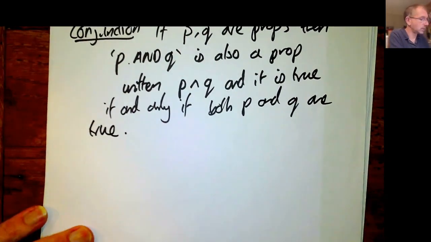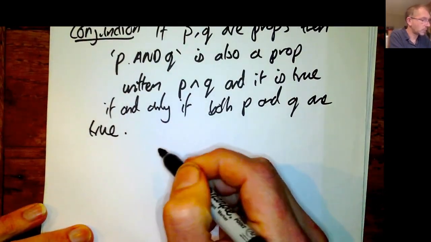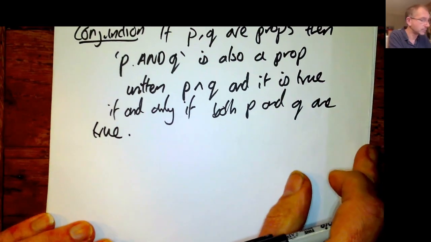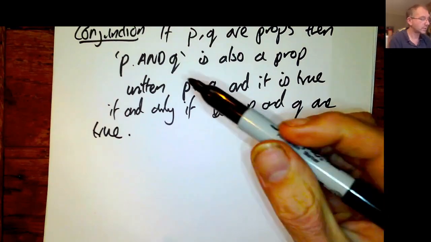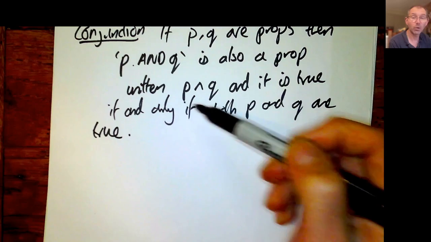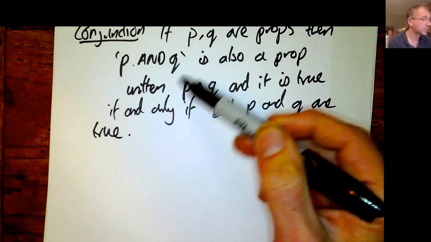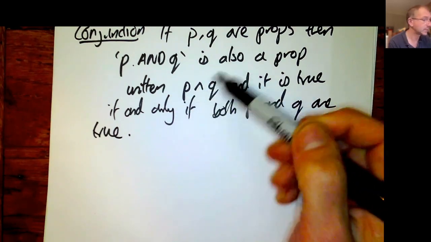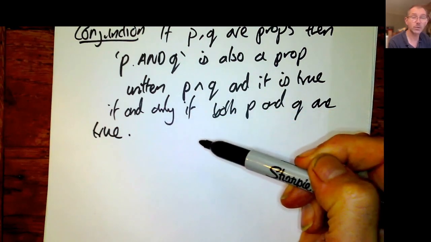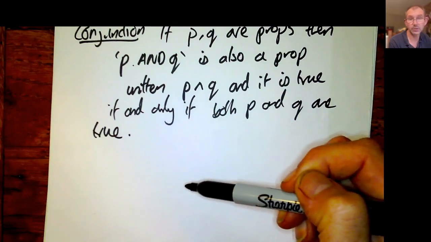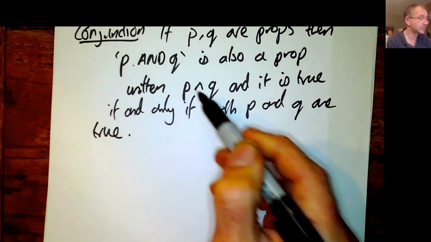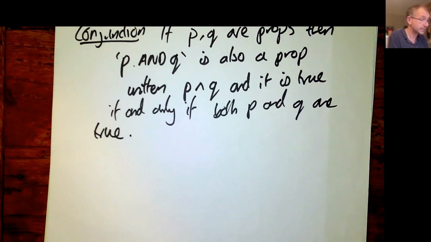So it's at this point that we want to introduce truth tables. The idea is that because P and Q only could be true or false, there are only two possibilities for P and two possibilities for Q. So there's only four possibilities that we have to look at to decide the truth of anything that just depends on only two propositions.